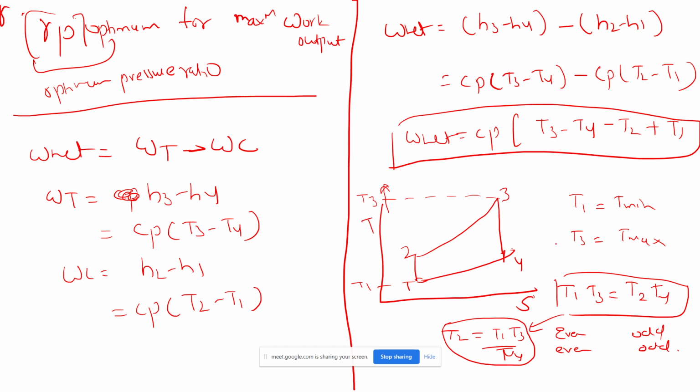Now we will put this T2 value in place of T2.